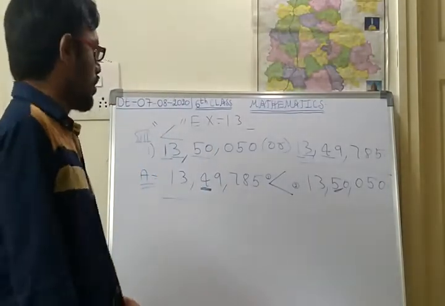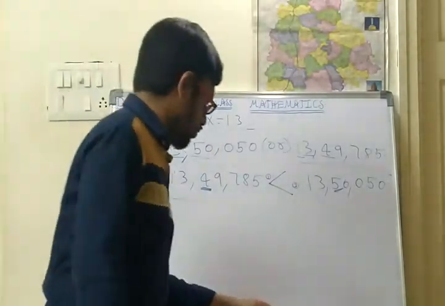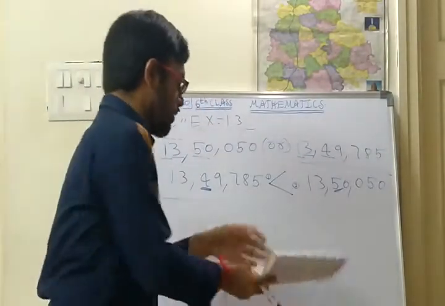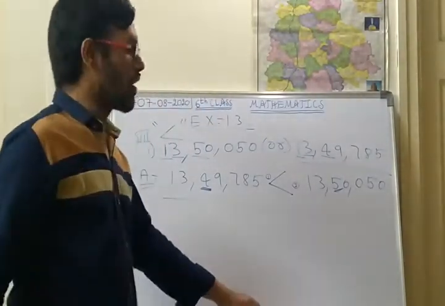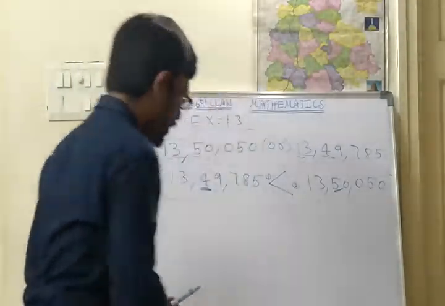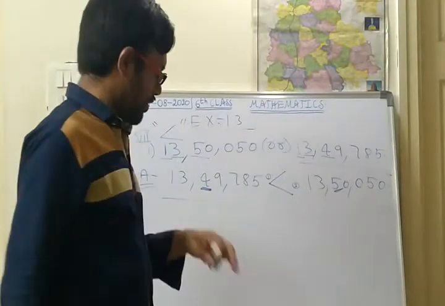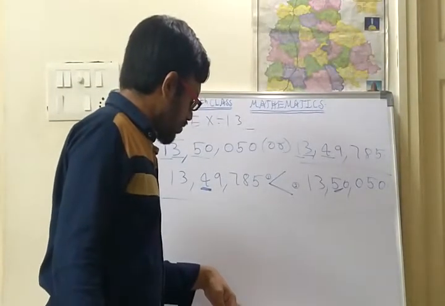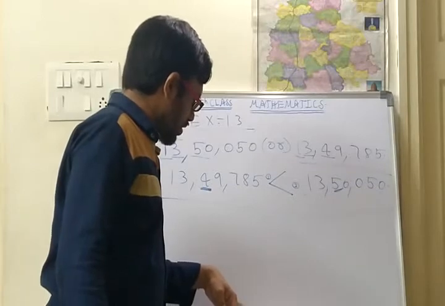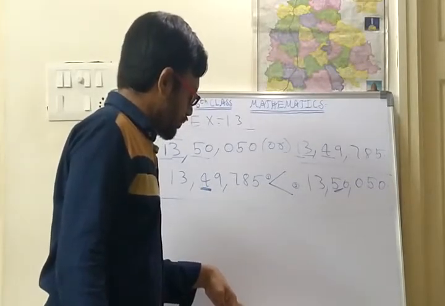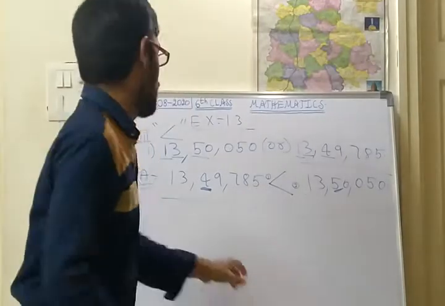So this is about one homework, and one more homework. In the previous class I gave homework about the international system. Regarding the international system, some of you wrote the number name.